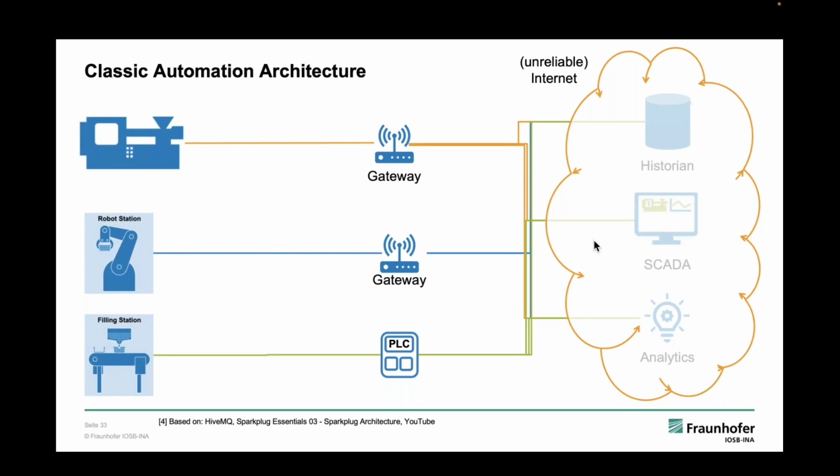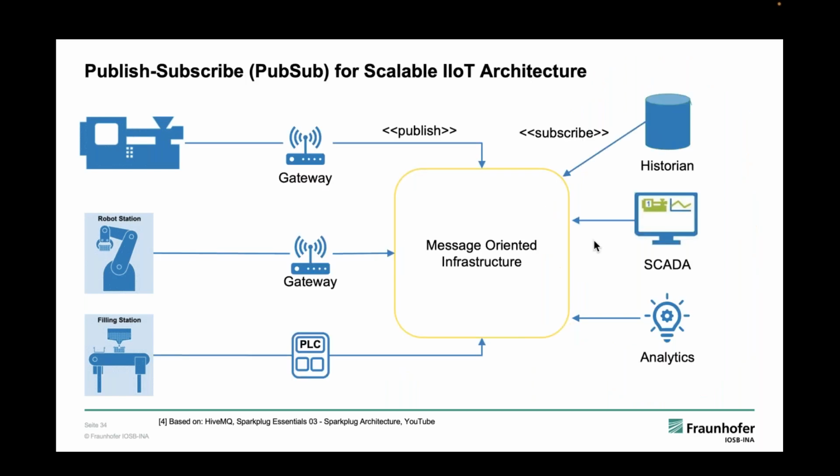So where we are moving here and why MQTT is getting more and more important today is that we move to a publish, subscribe, pub/sub architecture for scalable IIoT. And there we have a message-oriented infrastructure. And you see that this architecture diagram already looks much nicer.